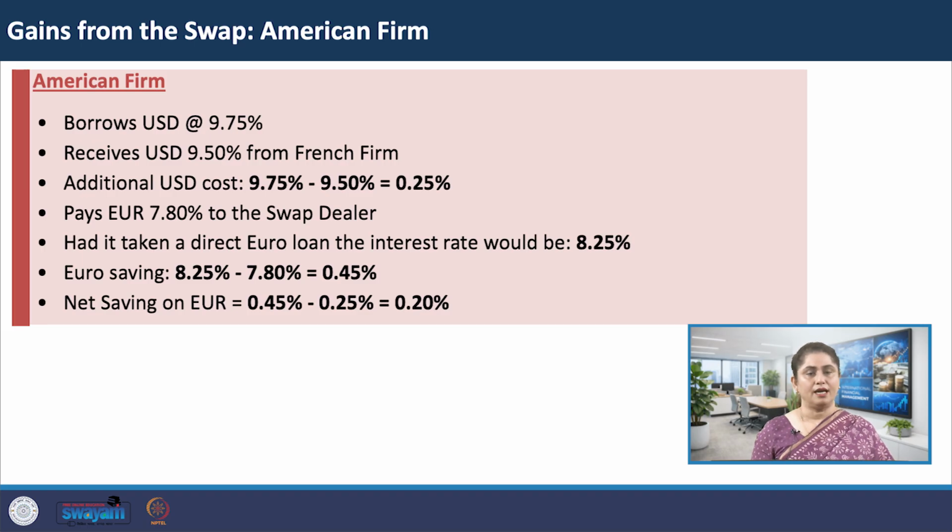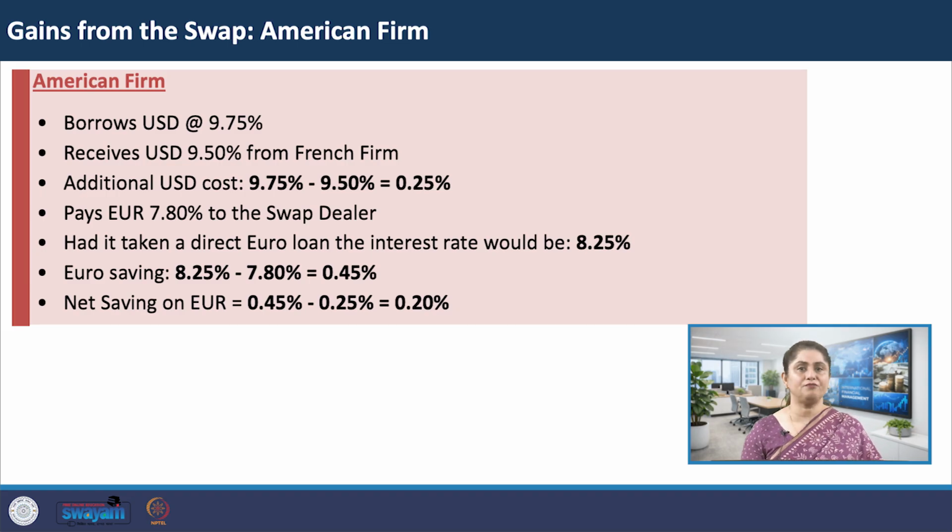On the euro side, it pays euro 7.80% to the swap dealer through the swap. If it had borrowed euro directly from the market, it would have paid 8.25%. Now, what is the euro saving? 8.25% minus 7.80%, which is 0.45%. Net position: euro saving of 0.45% minus USD extra cost of 0.25%, and the net gain is 0.20% for the American firm.